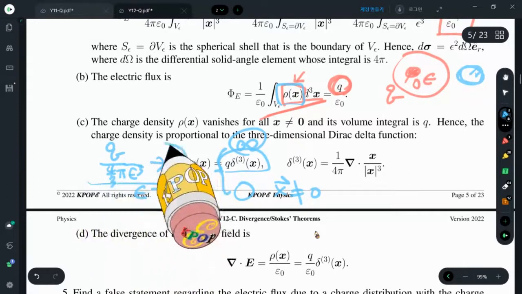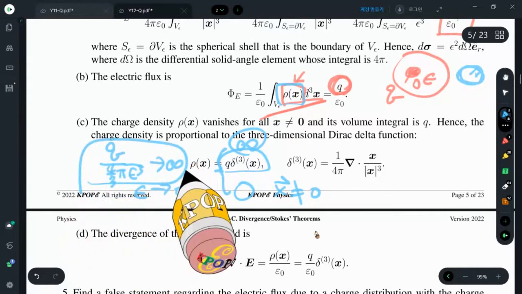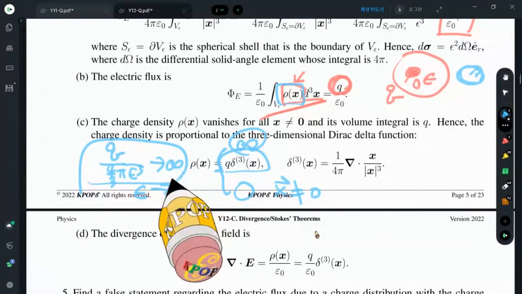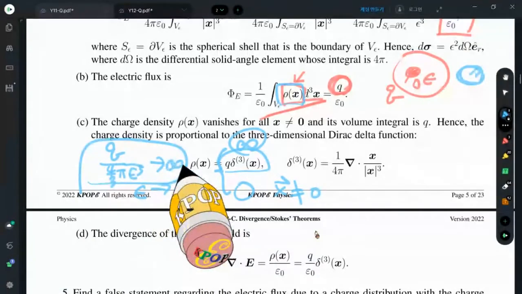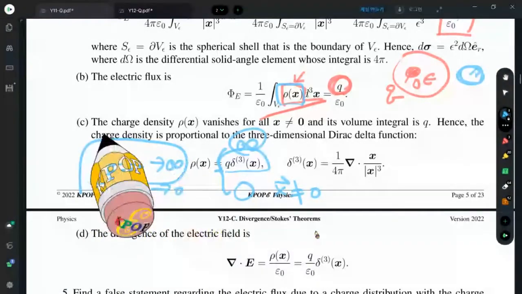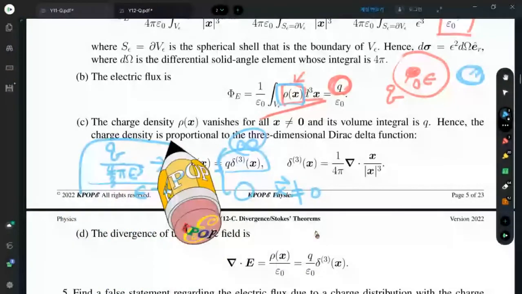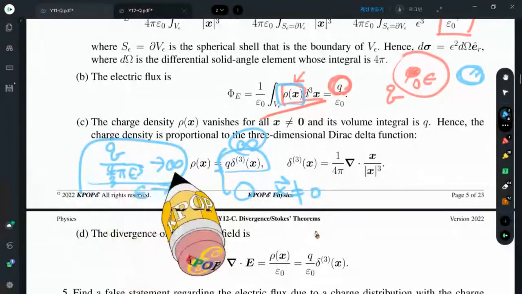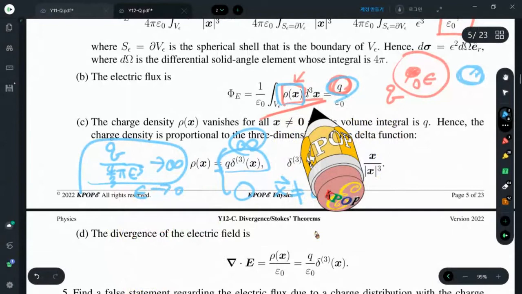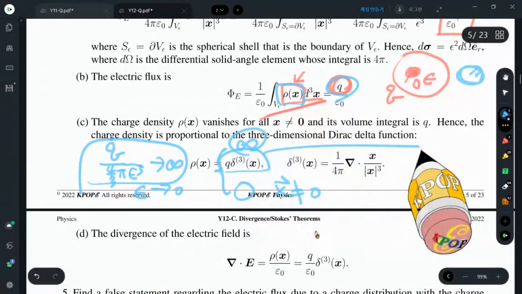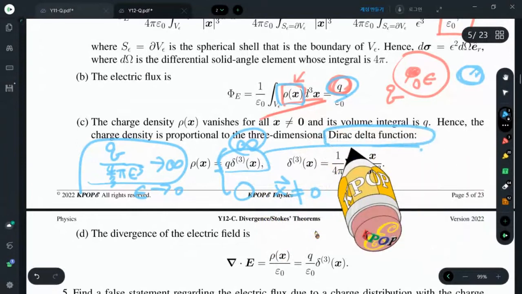This density is infinite, but a mathematician would say, oh, we cannot compute anything, but physicists can compute this, although it looks uncomputable. If you integrate, the answer is trivial. This one is called the Dirac delta function.